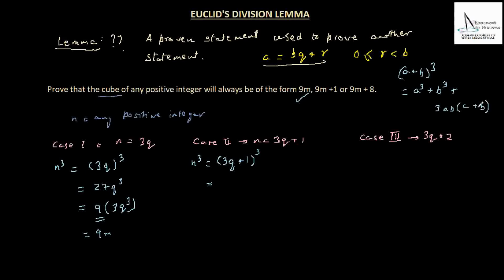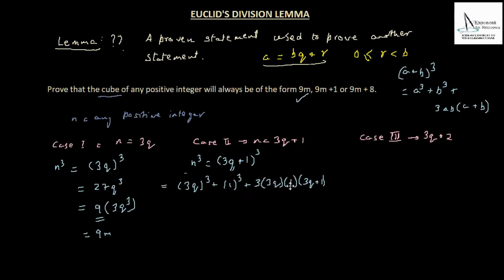So let's substitute these values into the identity and we get a cube, which is going to be 3q whole cube, plus b cube, so that's just 1 cube, plus 3ab, so 3 times 3q times 1, times a plus b, so a plus b is again 3q plus 1.